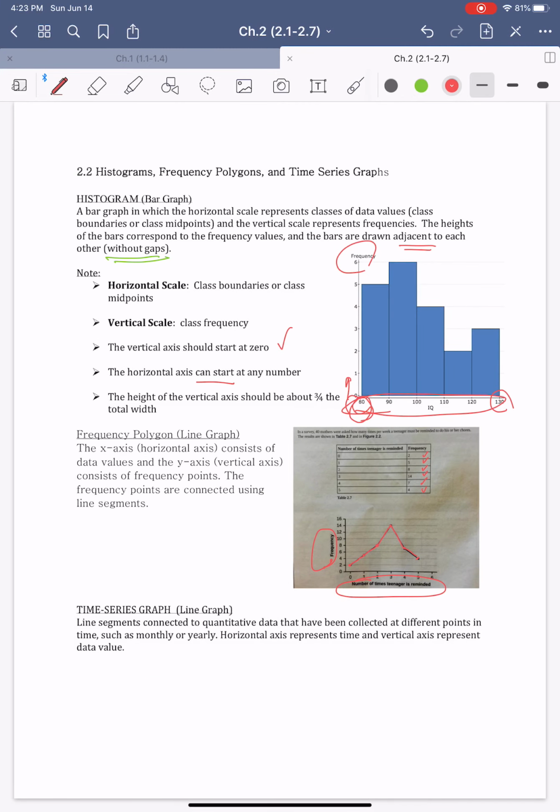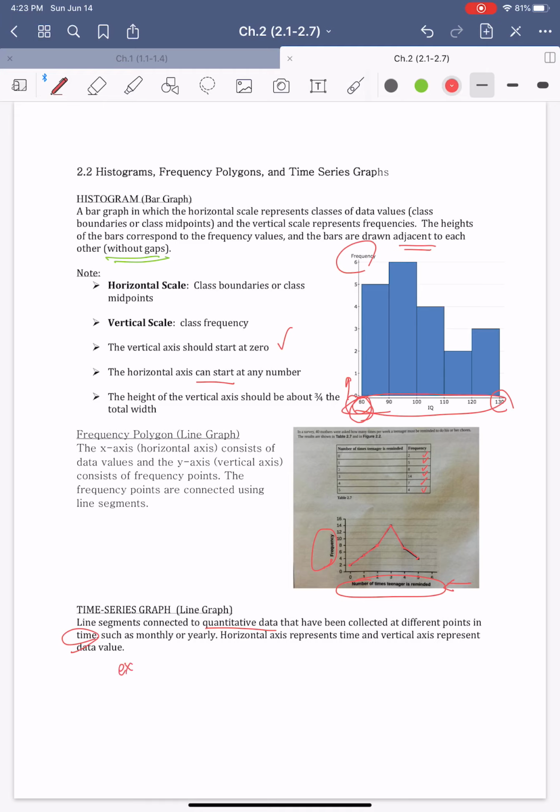Okay. Time series graph. What is a time series graph? It's very similar to a frequency polygon, except the time series graph represents line segments connecting quantitative data that have been collected at different points in time, such as monthly or yearly. So basically, your horizontal scale will represent time.